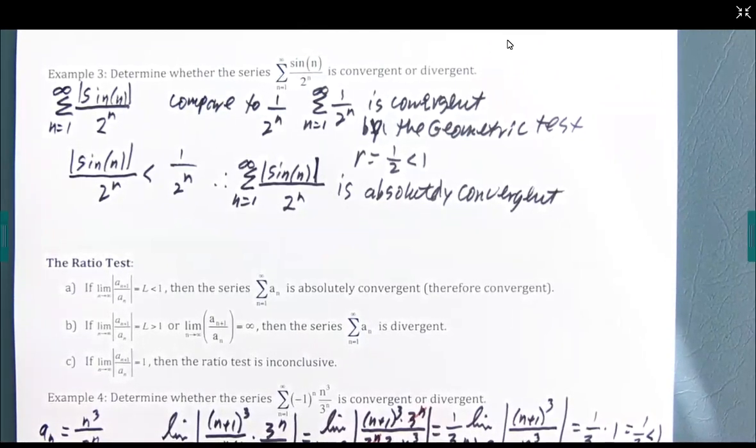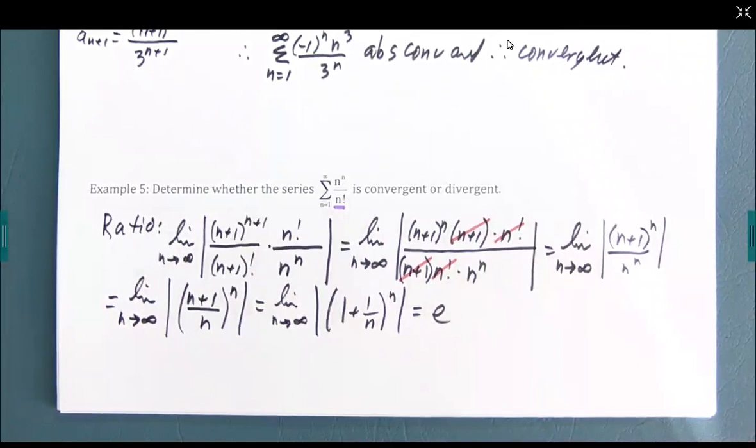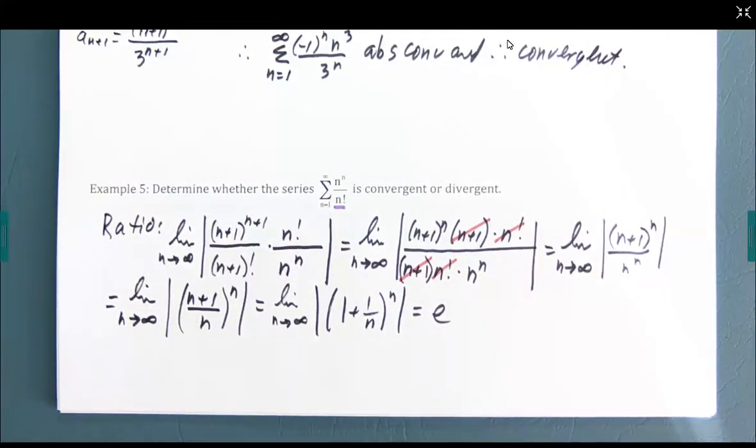Now e, if you recall, is a number that is, pardon me, e in this case, again, this is the exact same scenario that we just proved. It's a number that is bigger than 1. In fact, it's 2.7 and change.